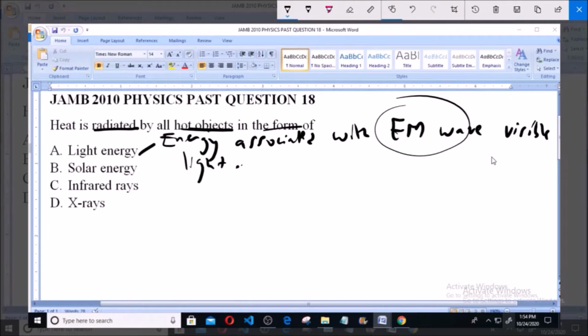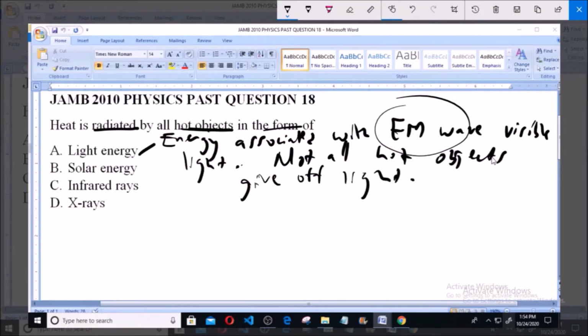Now heat energy isn't radiated by hot objects in the form of light energy, as not all hot objects give off light. Not all hot objects give off light, so it is not the answer to the question.